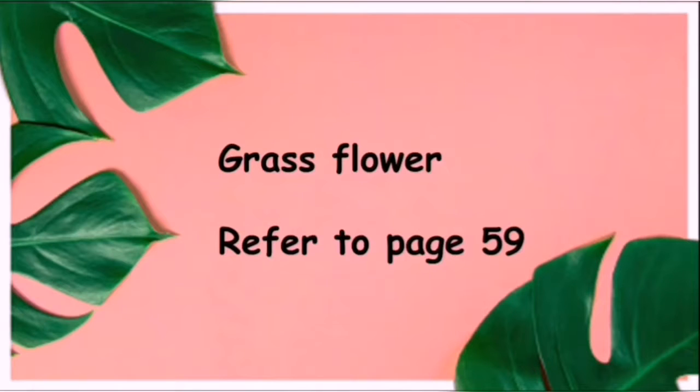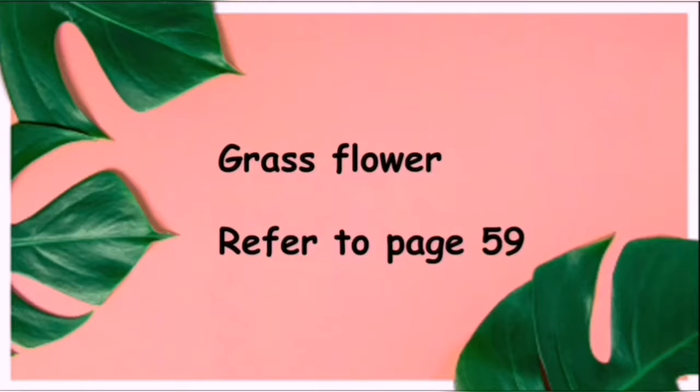Now let's go to the next word. We have grass flower. So for this, I don't have any picture or Thai translation for this. So please go to page 59 of your arts book and look at the picture.